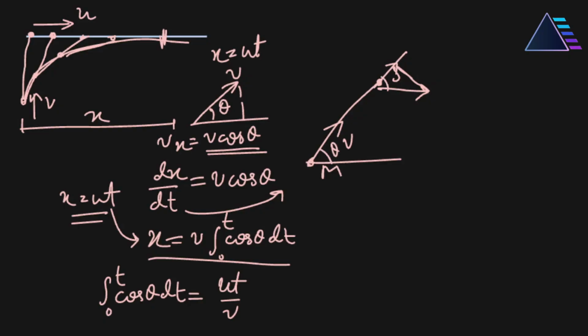So this velocity projection will be u cos theta, right? U cos theta. So what is the relative velocity between them? The relative velocity is v minus u cos theta. That's very fine. No issues, right?